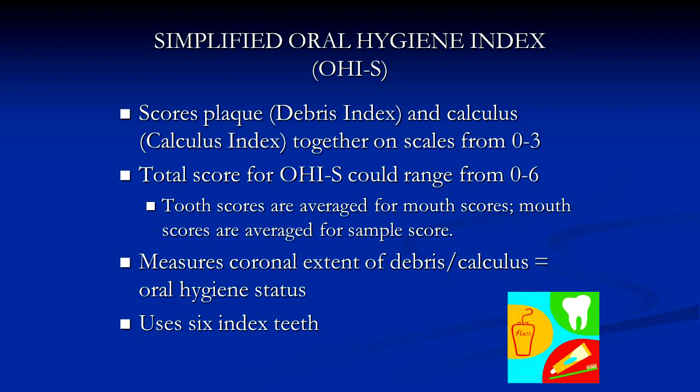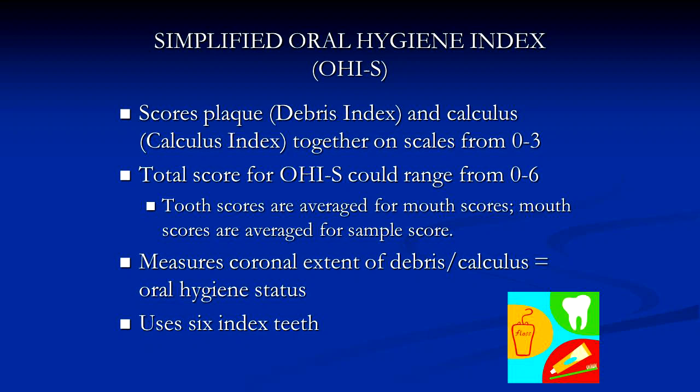The debris index, DI, has a scale from 0 to 3, and the calculus index has a scale from 0 to 3. So you can have a total score of the OHI-S from a range of 0 to 6. The 2 scores are then averaged for a total mouth score, and then you add in all the mouth scores and they're averaged for a complete sample score.